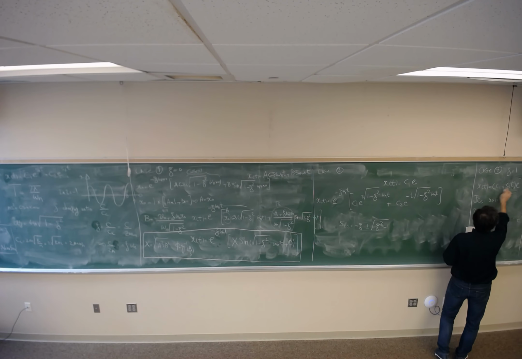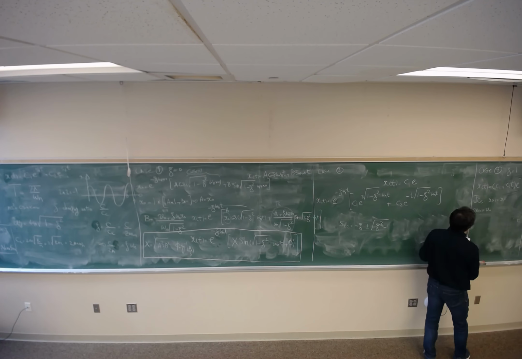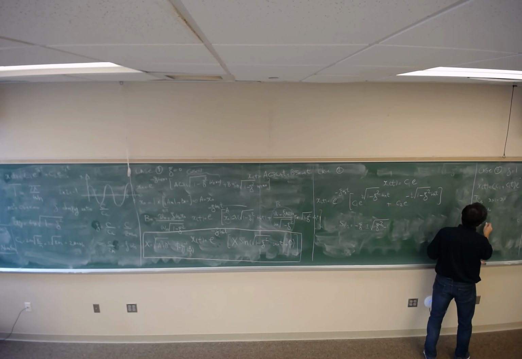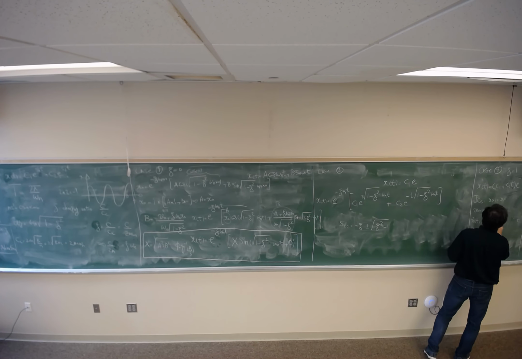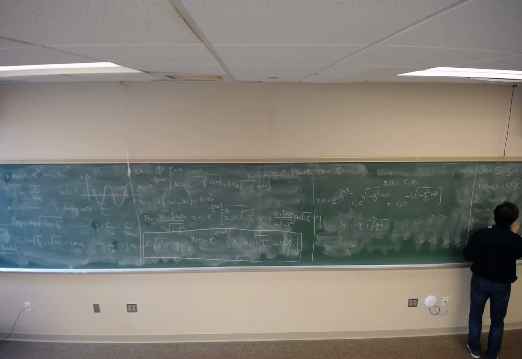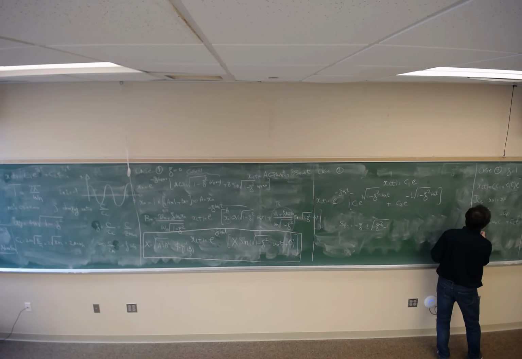So if I differentiate this with respect to time, it's going to be negative C1 omega n e power negative omega n t plus C2 e power negative omega n t minus C2 t omega n e power negative omega n t.